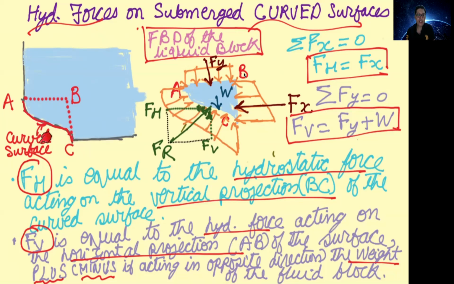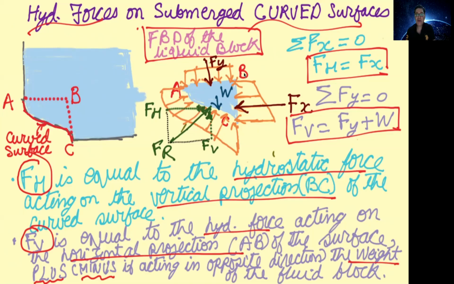Now on the horizontal projection, the Fy, which is shown here as vertically downward, if the fluid is below the curved surface, will be vertically upward. So the weight and the Fy are acting in opposite directions. In that case you will use Fv equals Fy minus W. So depending on whether your fluid is above or below the curved surface, you can have a change in the sign of the weight.